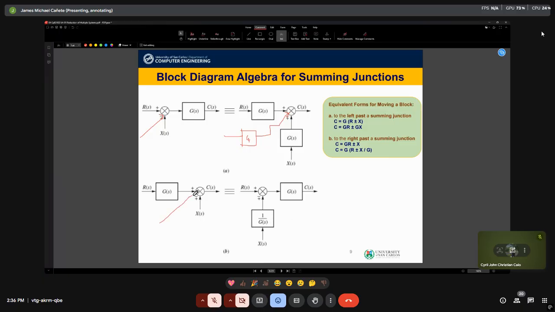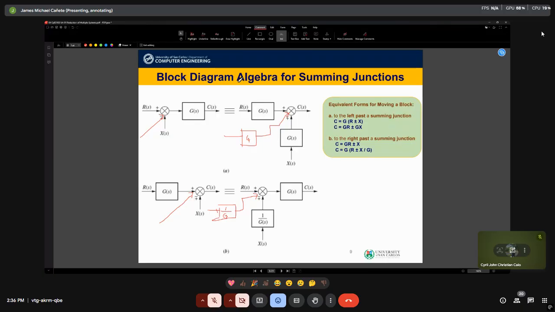If there is a third branch, you copy the inverse there too. What I mean by inverse is 1 over G, or 1 over the transfer function inside the block. But on the output side, it is a direct copy. So these are the two operations on a summing junction: left to right, and right to left.